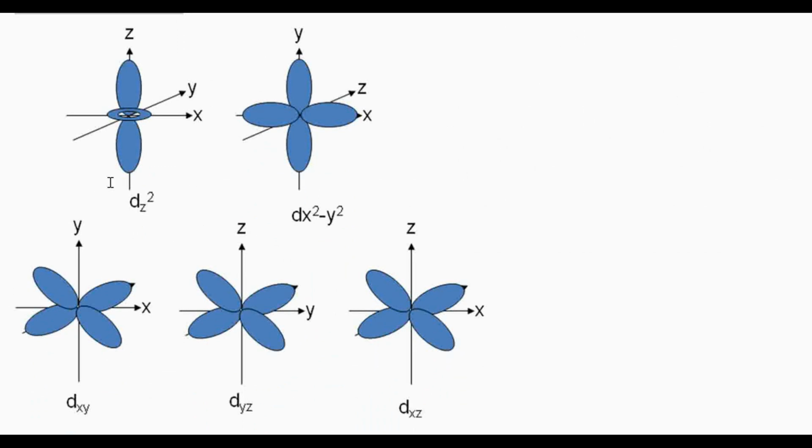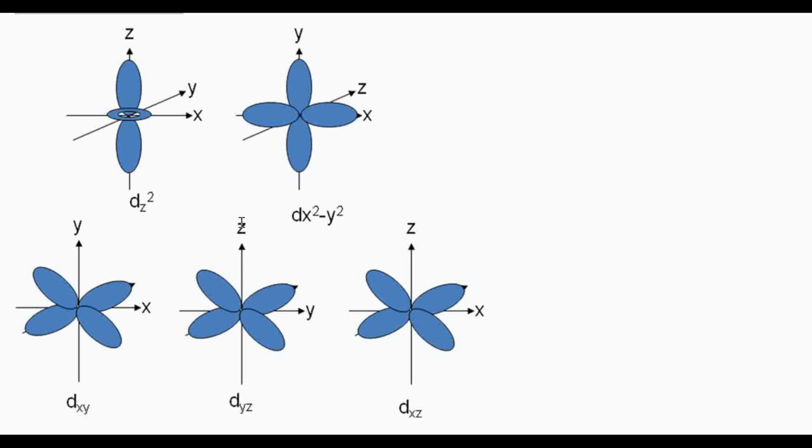Now in this picture I will show you the orientations of the orbitals. Let us first take a look at the dxy orbital. As I told you, it is double dumbbell, one p orbital and yet another p orbital, so double dumbbell at an angle of 90 with respect to each other. And you will see that the lobes lie in the xy plane. So it is called dxy orbital. Then dyz.